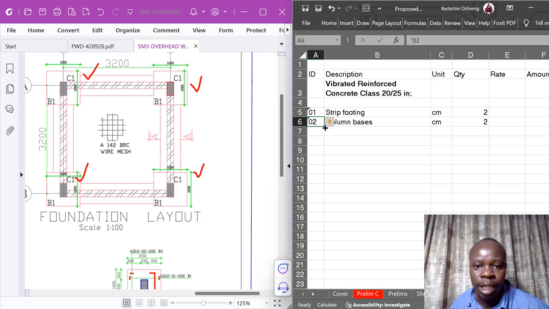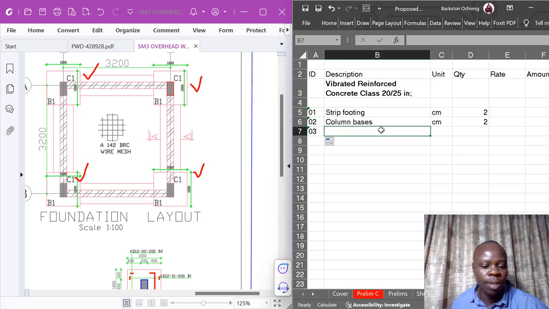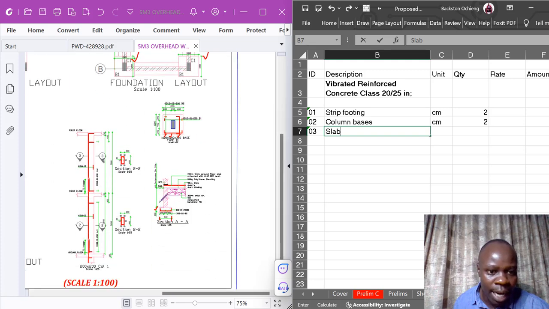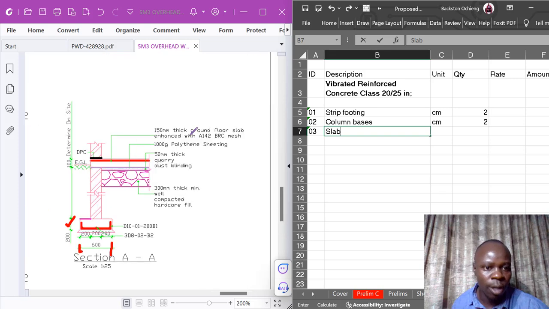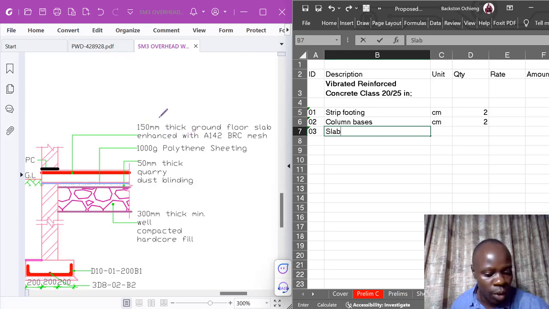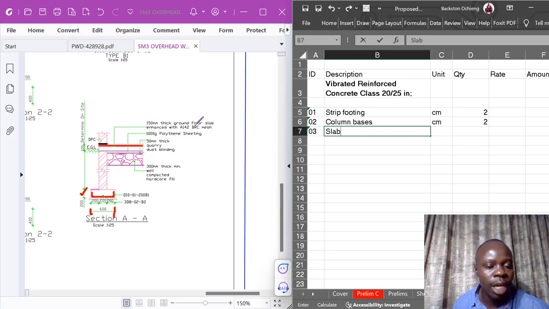Then lastly, the item that I wanted us to cover is the foundation slab. For a slab, you normally have to read the entire description so that you get the thickness and so on. This is 150, on the detail of the section.